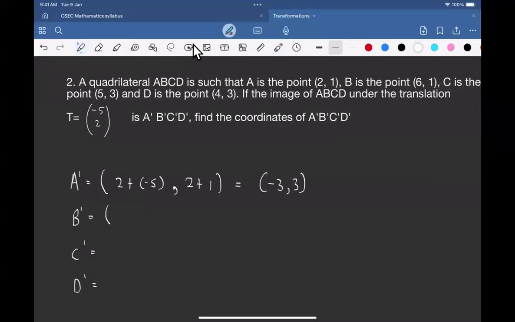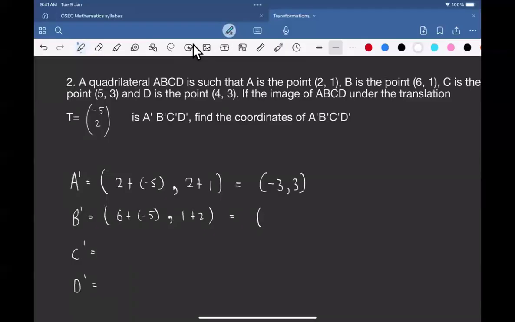So it'll be 6 plus minus 5, and then you put your brackets, 1 plus 2. And you're going to end up with what?